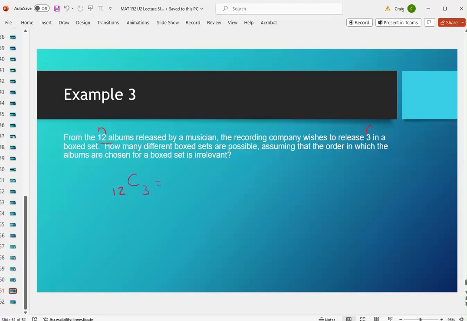And so that's going to be 12 factorial over 12 minus 3 factorial, divided by 3 factorial. That's 12 factorial, 9 factorial, and 3 factorial. So again, we can reduce the top one down to the highest one in the denominator, which is 9 factorial, and then we'll just write the other one out. That's a 2.